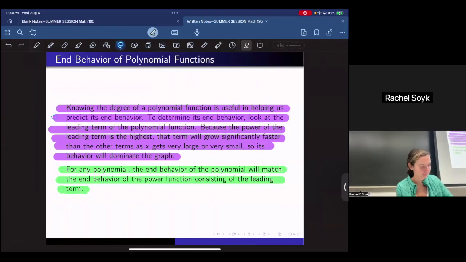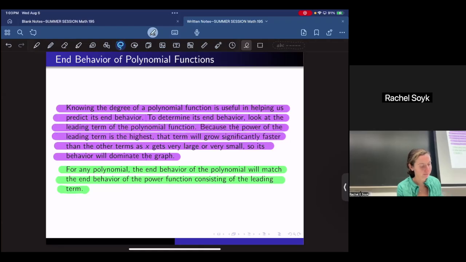To determine its end behavior, look at the leading term of the polynomial function. Because the power of the leading term is the highest, that term will grow significantly faster than the other terms as x gets very large or very small, so the leading term will dominate the graph. Thank you. And then green, Alexandra.